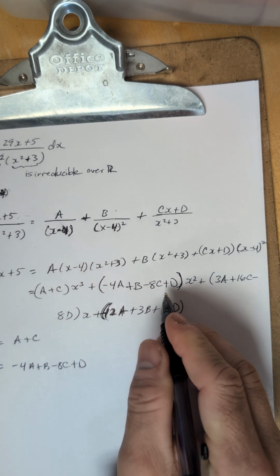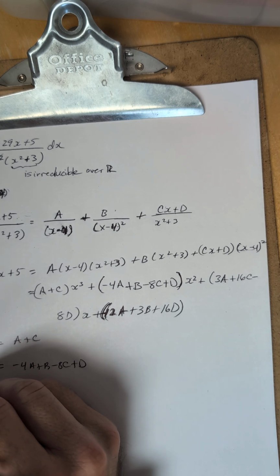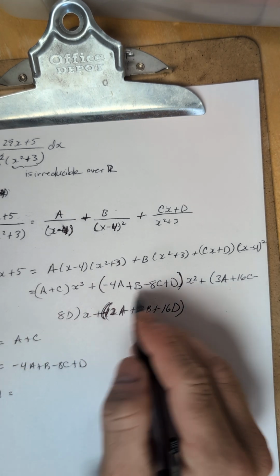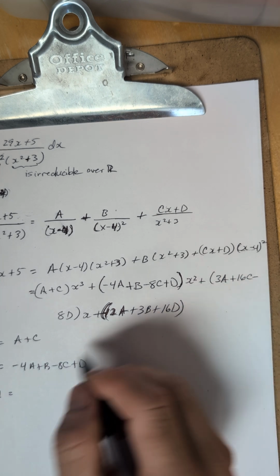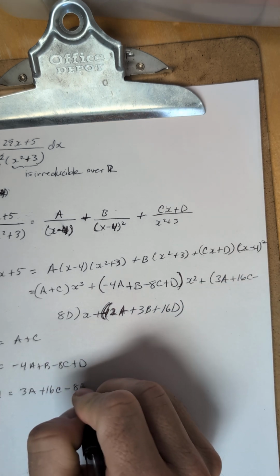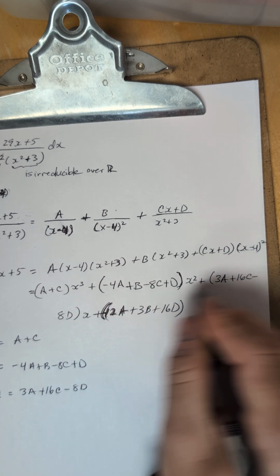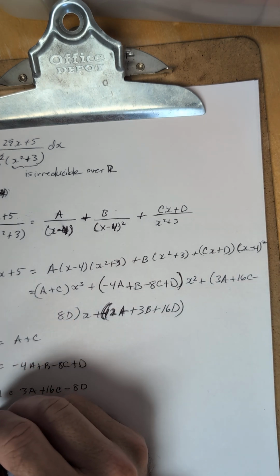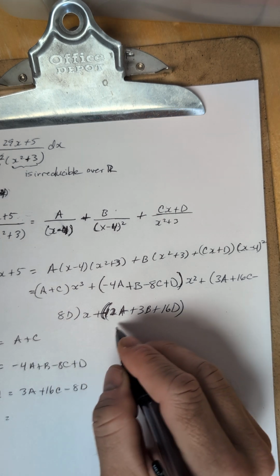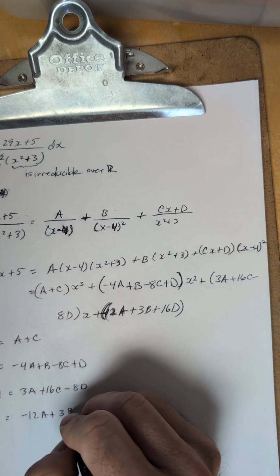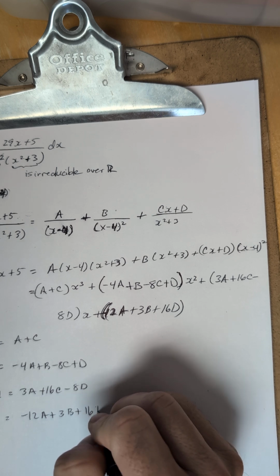That's these coefficients. And for the x coefficients, there is a negative 29 on the left hand side, and that's equal to 8A plus 16C minus 8D on the right hand side. And then the constant terms, we have a 5 on the left hand side, and we have a minus 12A plus 3B plus 16D.